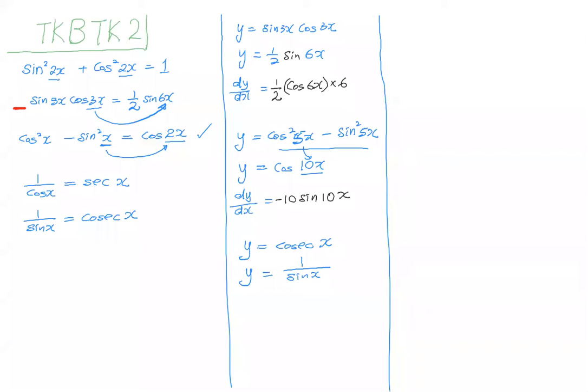Then I have to write it into this form. Then I have to find the dy dx using the chain rule. Okay. Can I have someone tell me how to do this? Silvana? Yes, please. Can you please tell me how to do this? How to find the dy dx of this?